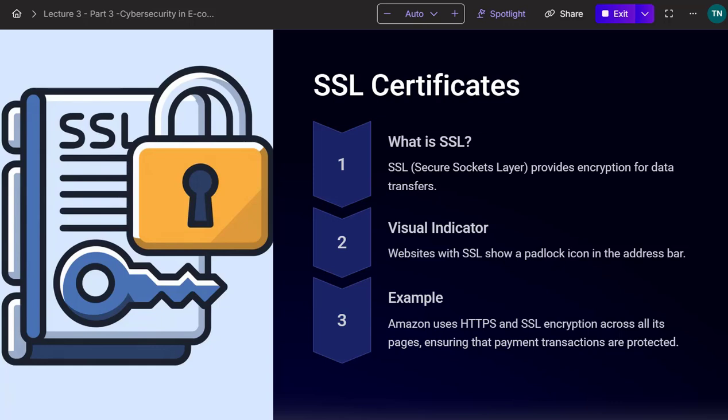For example, Amazon uses HTTPS and SSL encryption across all its pages, ensuring that payment transactions and other sensitive data are protected. SSL is an essential security measure for any website that handles personal or financial information, as it helps prevent unauthorized access and data breaches.